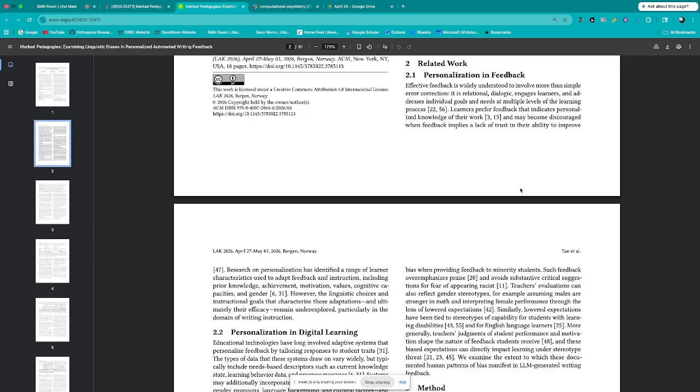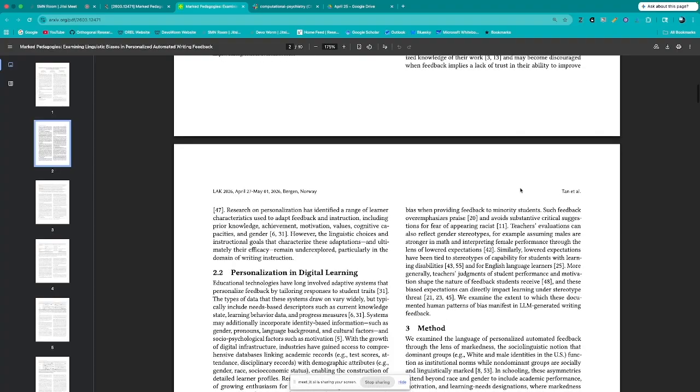Research on personalization has identified a range of learner characteristics used to adapt feedback and instruction, including prior knowledge, achievement, motivation, values, cognitive capacities, and gender. However, the linguistic choices and instructional goals that characterize these adaptations and ultimately their efficacy remain underexplored, particularly in the domain of writing instruction.